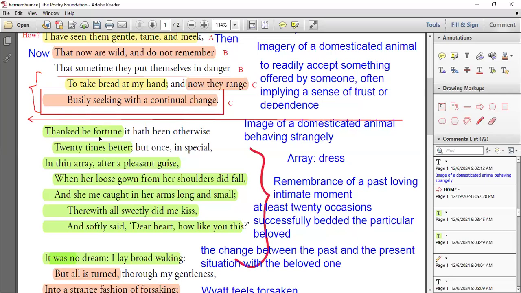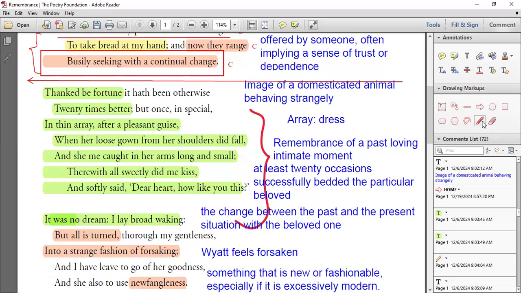Now he is going to speak about a fortunate or an intimate moment he spent with his ladies. He says, in my life, there is not one happy moment. There have been many happy moments, maybe many happy moments with one lady, or many happy moments with many ladies. What does he say?